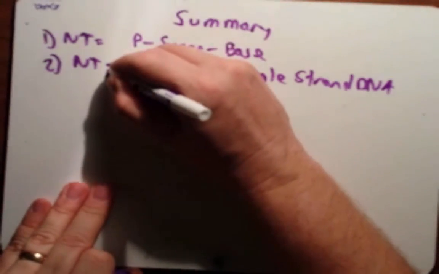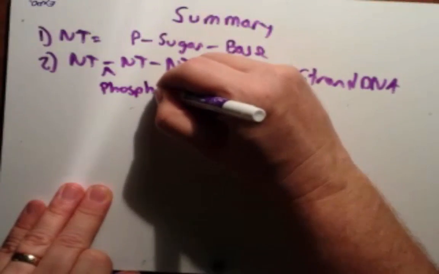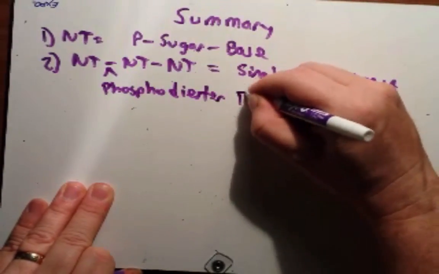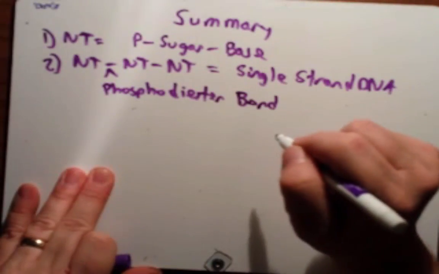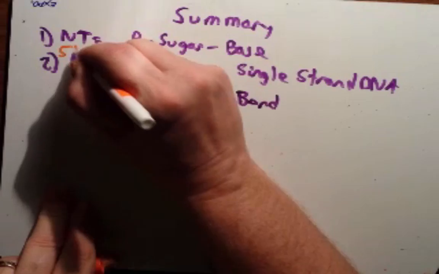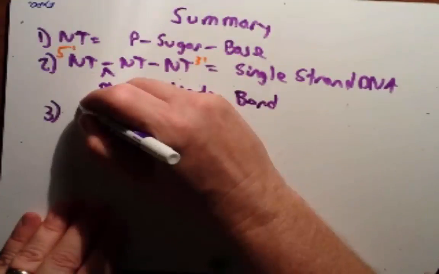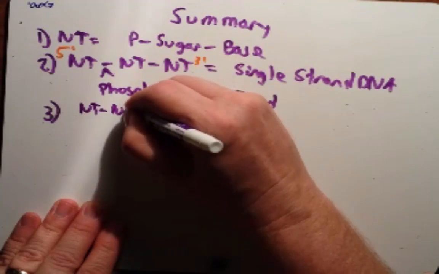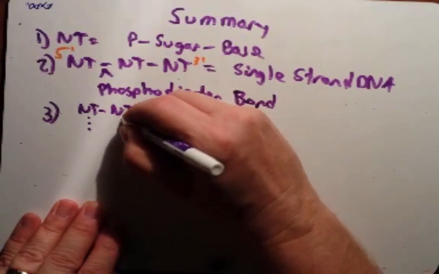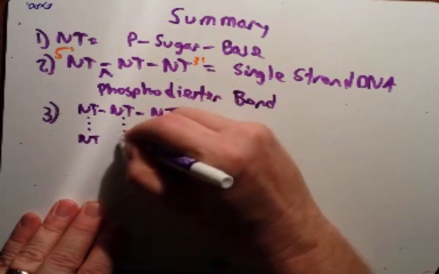And you learned that this bond holding these together is called the phosphodiester bond. You also learned that when we write nucleotides like this, we always write them in a 5' to 3' direction. We also learned that these nucleotides linked to each other in single strands form hydrogen bonds with another single strand to form the double helix.